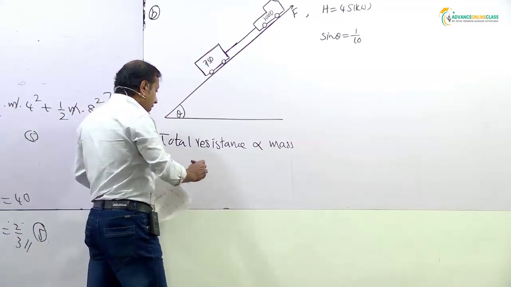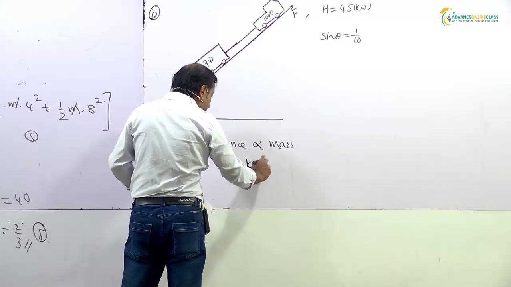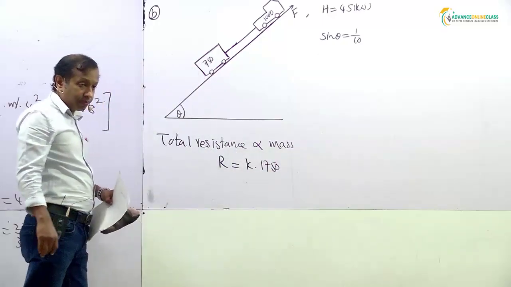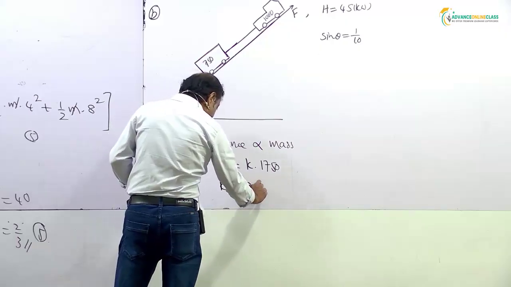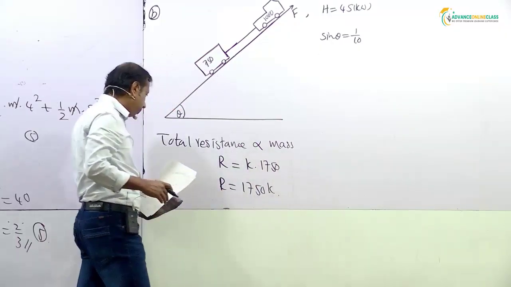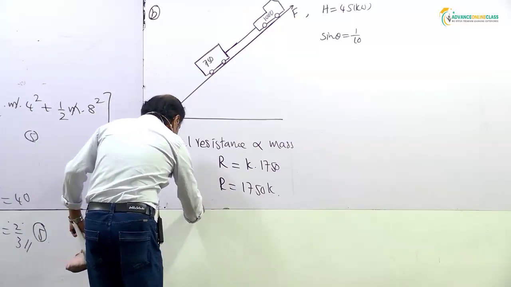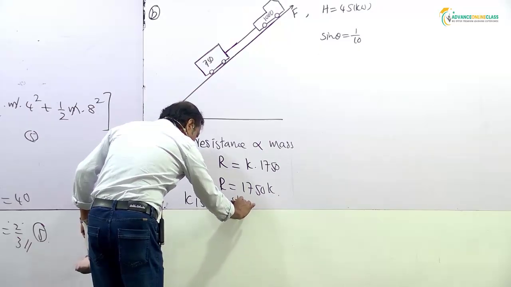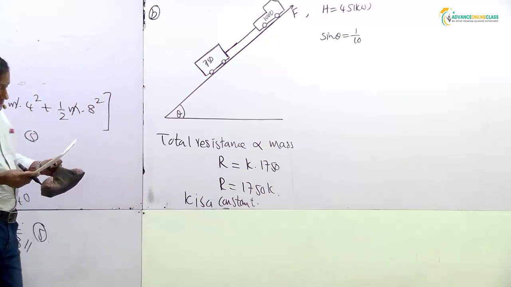If I take resistance as R, it is K times mass, which is 1750, the total mass. R is therefore 1750 K. K is a constant.